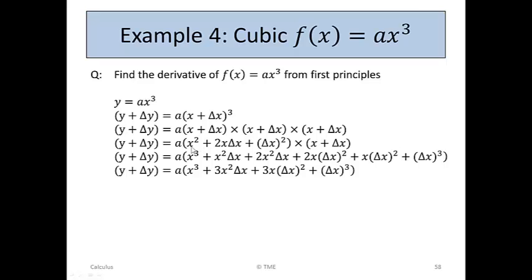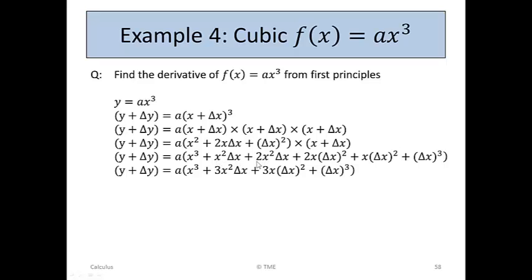So taking each term in turn, x squared by x is x cubed, x squared by delta x is x squared delta x. 2x delta x by x is 2x squared delta x, and 2x delta x by delta x is 2x delta x squared. Delta x squared by x is x times delta x squared, and delta x squared by delta x is delta x cubed.